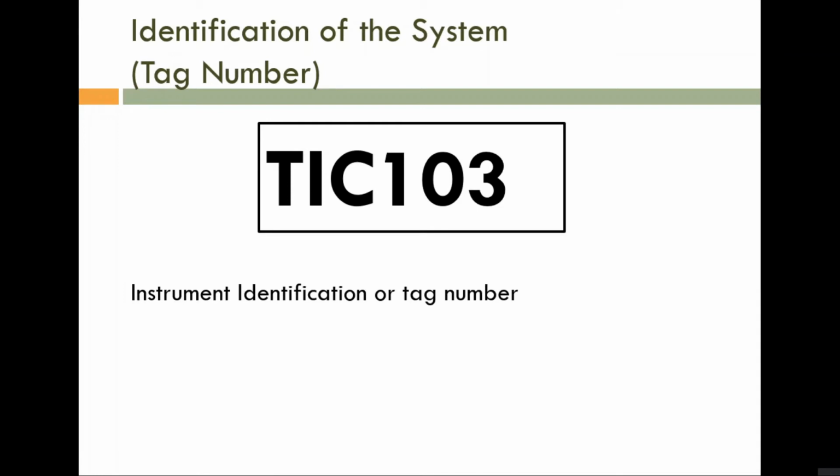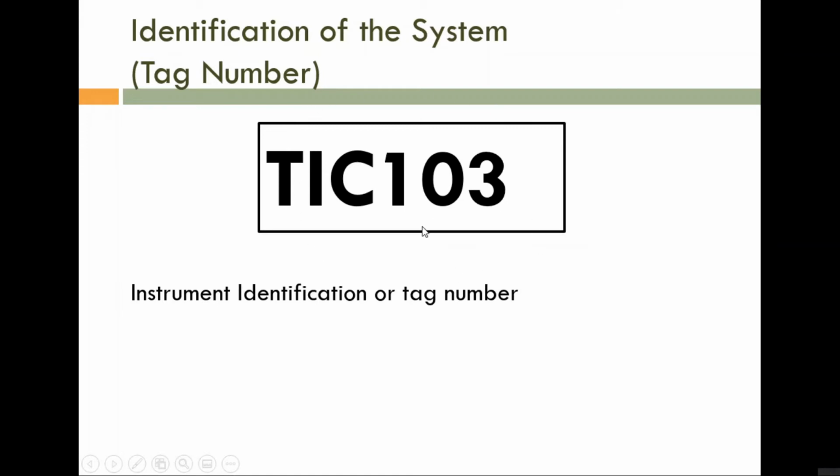This tag number is also known as the instrument identification number. Tag number is used to locate the position of that instrument using the DCS diagram.